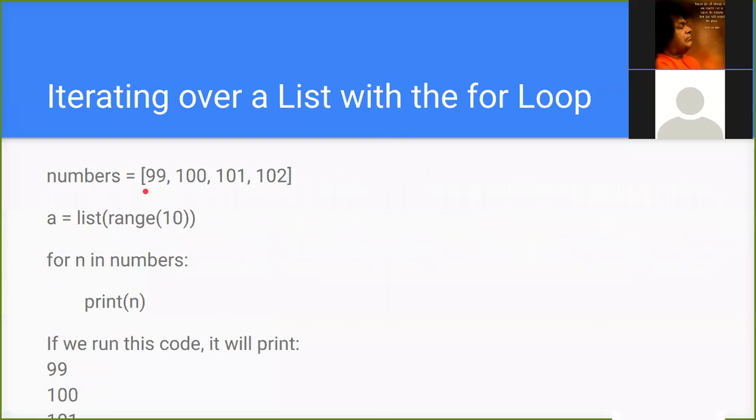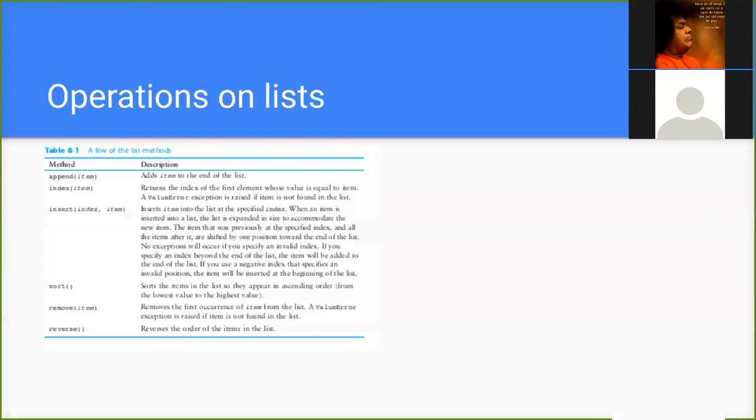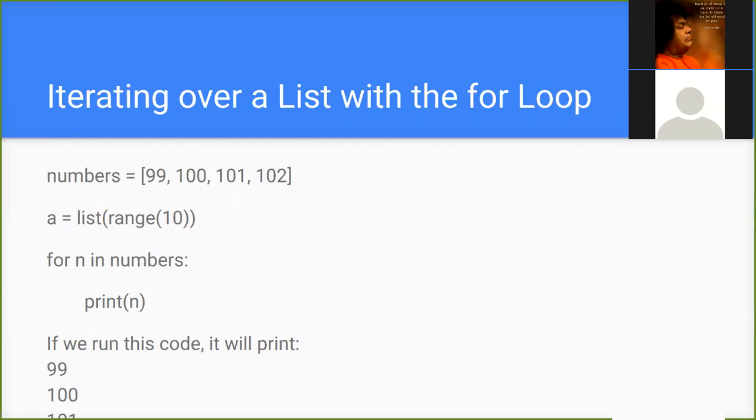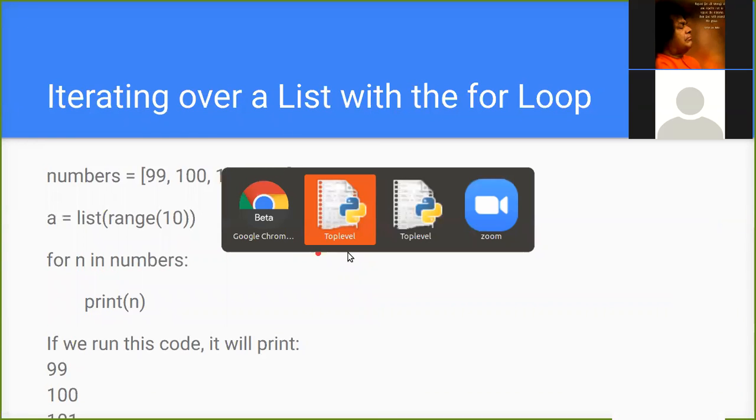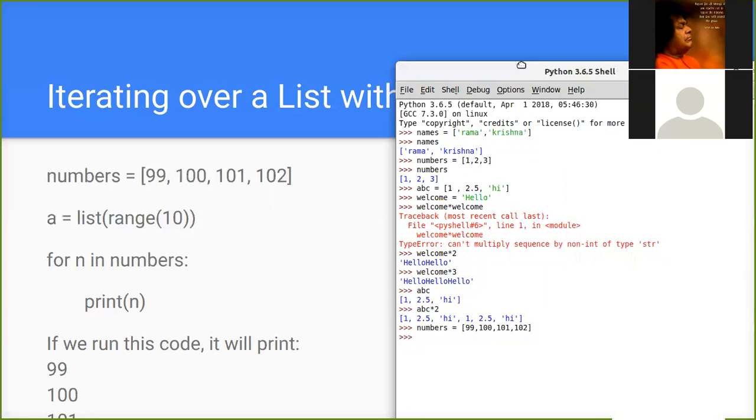Now we have an important operator called the in operator. Suppose I have numbers equal to 99, 100, 101, and then 102, a list of numbers.